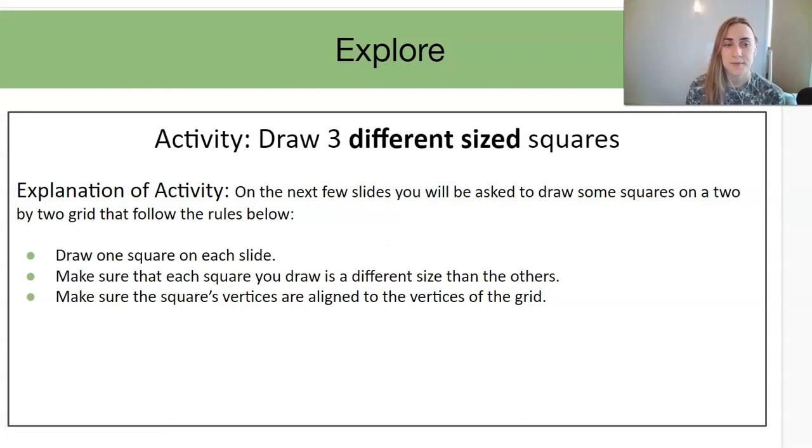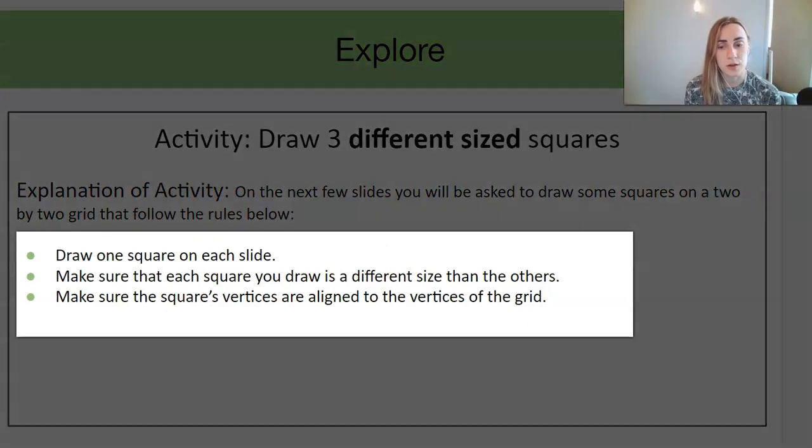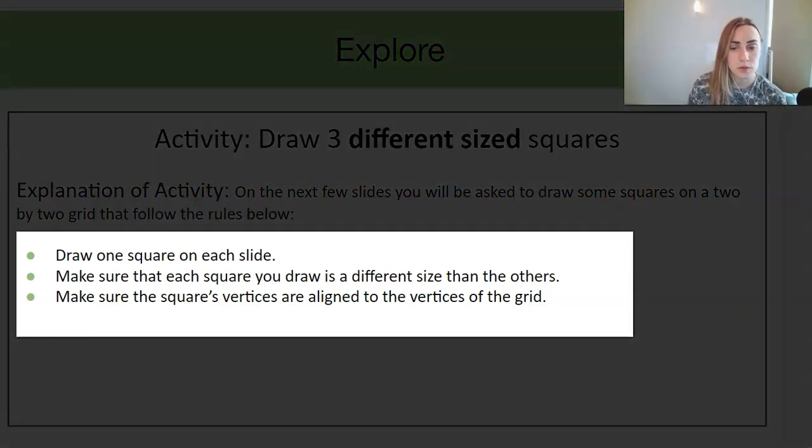So in this activity, we are going to draw 3 different sized squares, and on the next few slides, you'll be asked to draw some squares on a 2x2 grid that follow the rules below. So our first rule is that we need to draw 1 square on each slide.